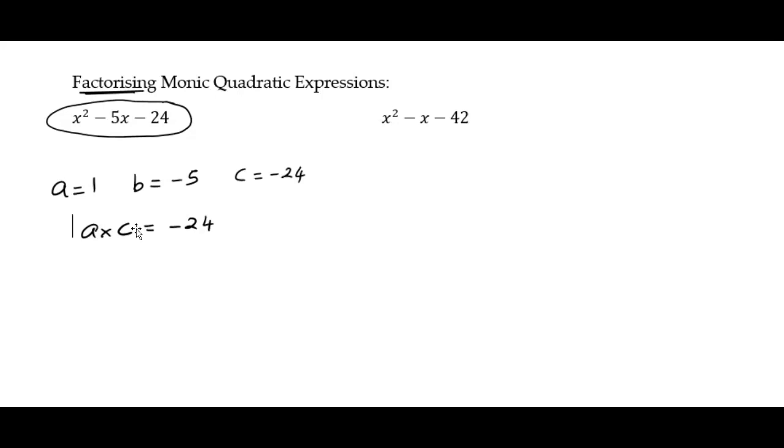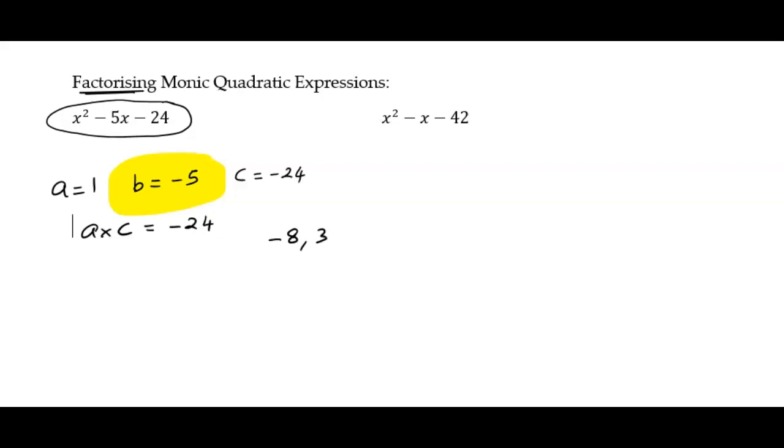The next step in factorizing a monic quadratic expression is to find a pair of factors that multiply to give us minus 24, but most importantly, they need to add to give us the value for b. In other words, we need two numbers that multiply to give us minus 24, but add to give us minus 5. The two numbers that satisfy this are minus 8 and a positive 3.